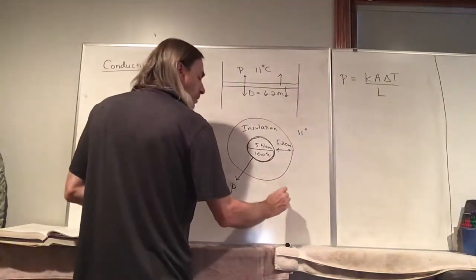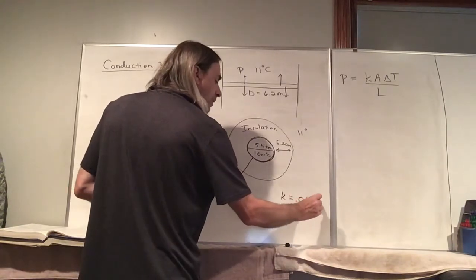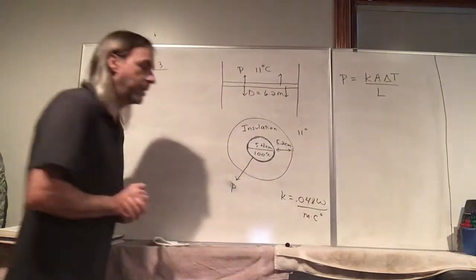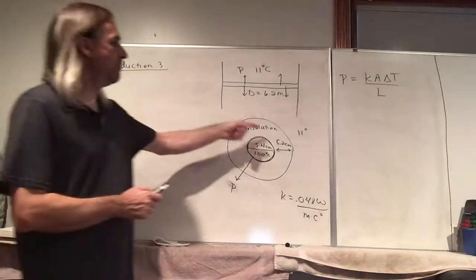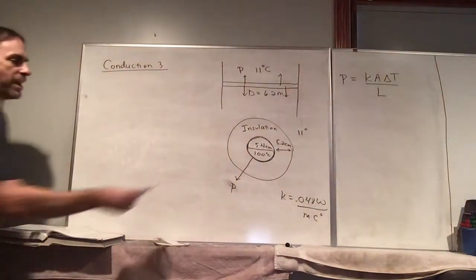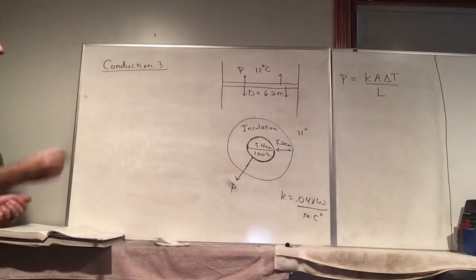Let's write that down somewhere. 0.048 watts per meter Celsius degree. So we've got K. Delta T is fine. We have 100 degrees inside, 11 degrees outside. It looks like L is fine too. We're just going, 5.2 centimeters.